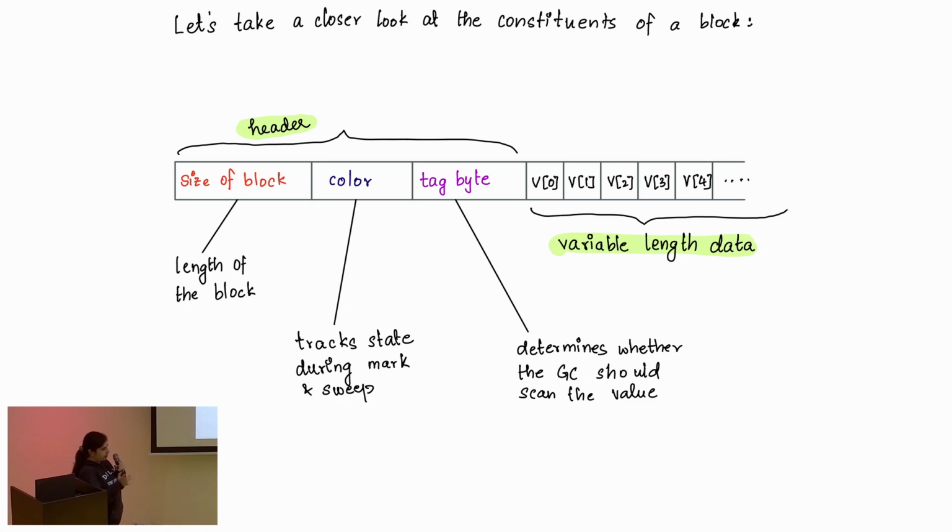We'll see what colors are when we look at the major GC. And we also have a tag, which gives us some information about what kind of an object the pointer is. There are some kinds of object that the GC doesn't scan at all. So it's the tag byte that tells us whether the GC should scan an object or not. For example, float arrays are not scanned. So if the type of object is such that it need not be scanned, the GC doesn't scan it at all.